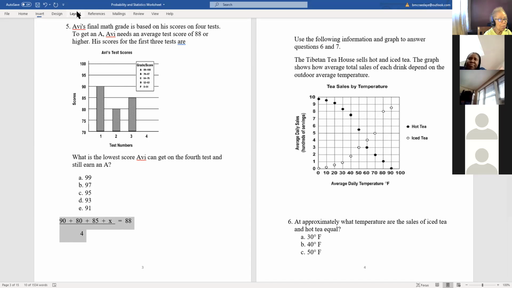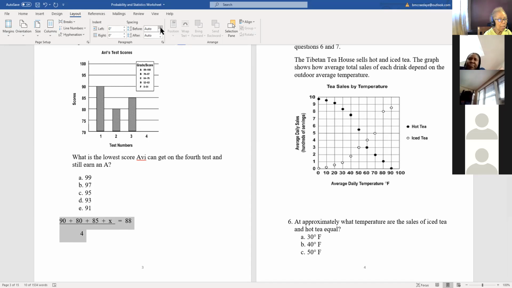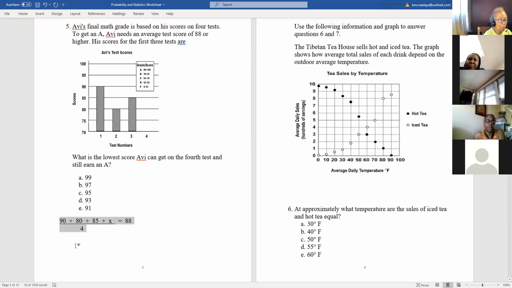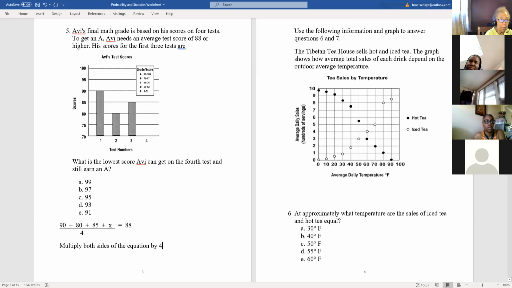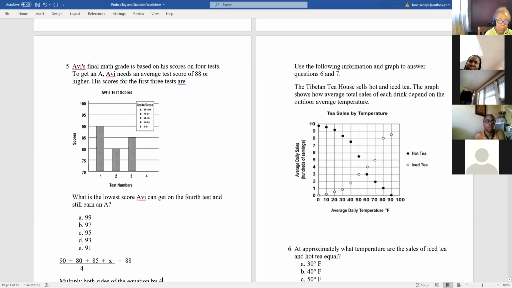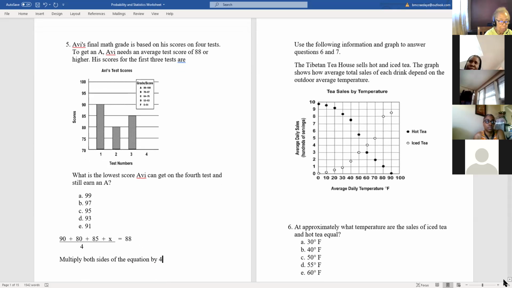Okay, so Michelle is correct. She says multiply, and we can just say multiply both sides of the equation by 4. Now let's go to the next screen.